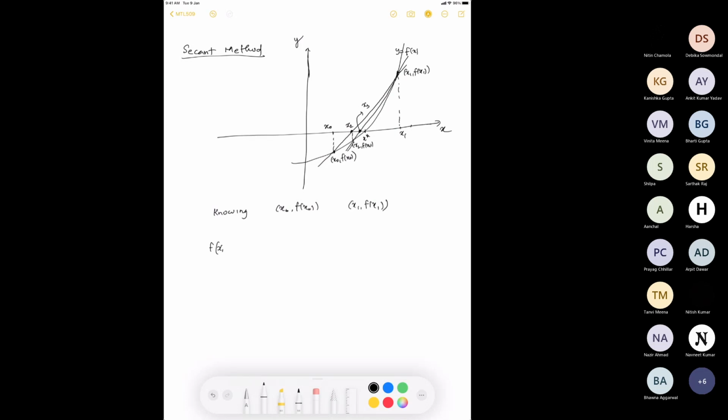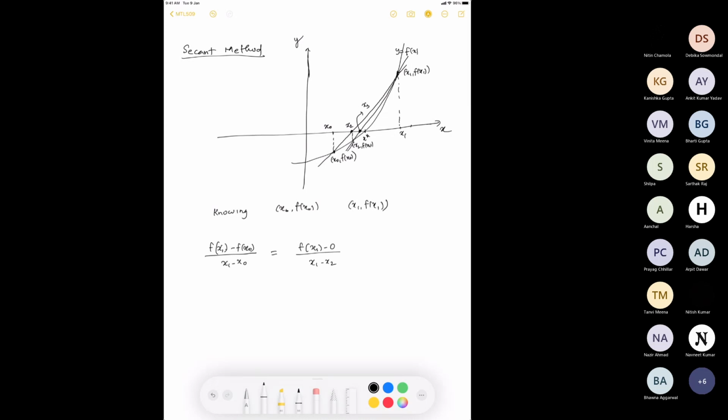I take (f(x1) - f(x0)) divided by (x1 - x0), and then I take the next two points, (x2, 0) and (x1, f(x1)), so the slope is (f(x1) - 0) divided by (x1 - x2).